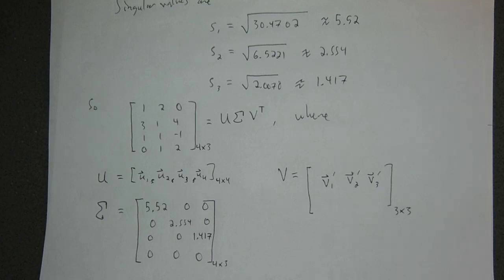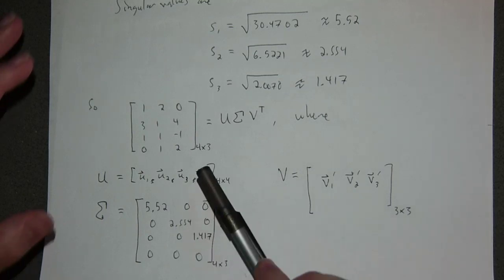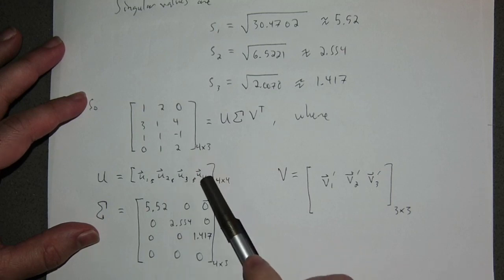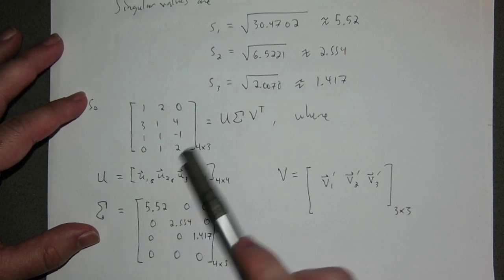So what I could do here is ignore the 4th column of U, which, remember, was the eigenvector associated to the 0 eigenvalue.